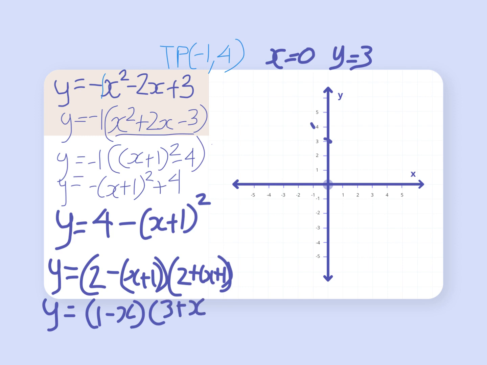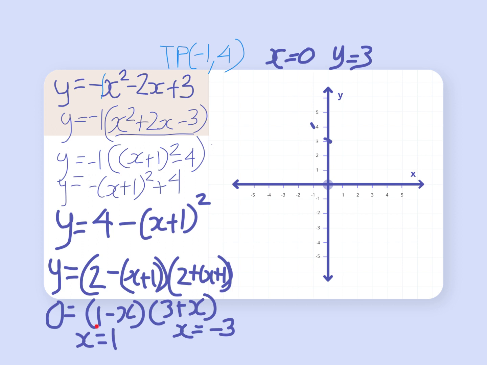So the two intercepts, how are we going to get them? Well, if we change y to 0, then we just use the null factor law. Either the first thing equals 0 or the second thing equals 0. If 1 minus x equals 0, then x just equals 1, because 1 minus 1 equals 0. If 3 plus x equals 0, x equals negative 3.